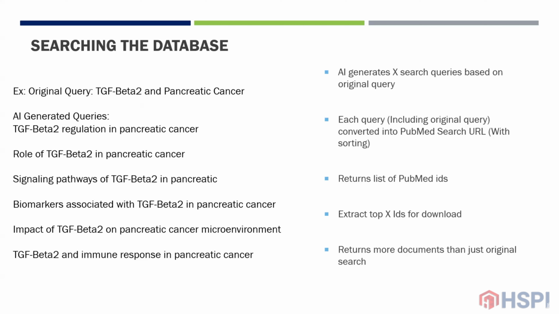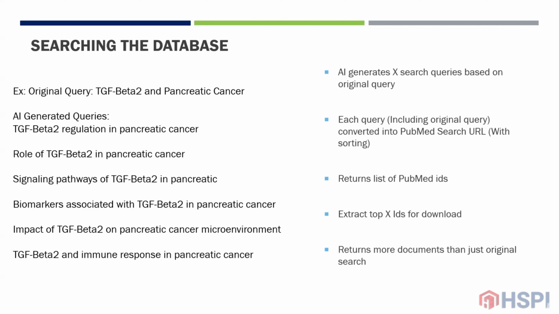And what we do with each of those queries, including the original search query, are turned into special PubMed search URLs, which is either, again, also by date or by relevance. And what that ends up returning is just a list of PubMed IDs that are the results for those searches.